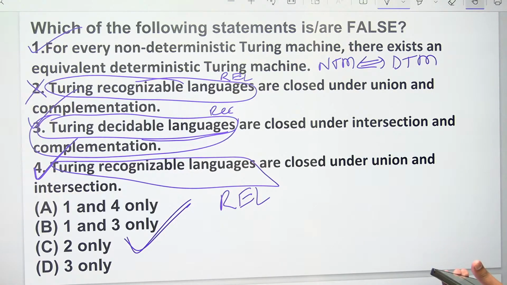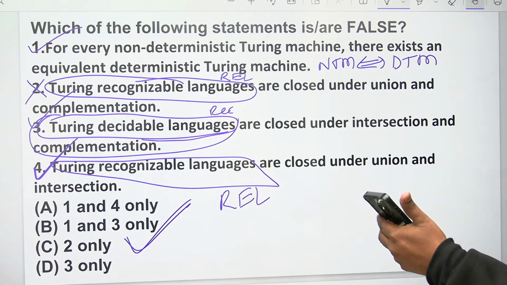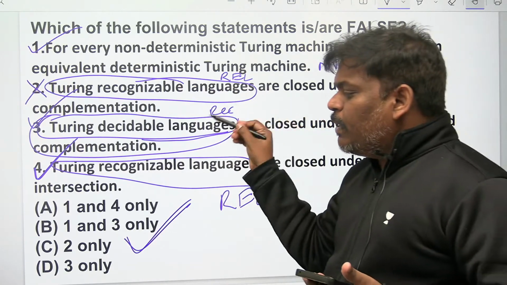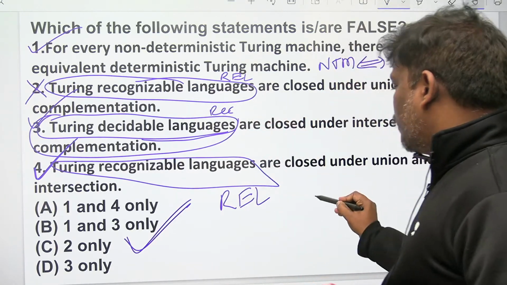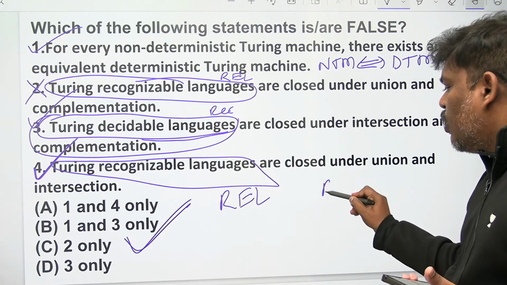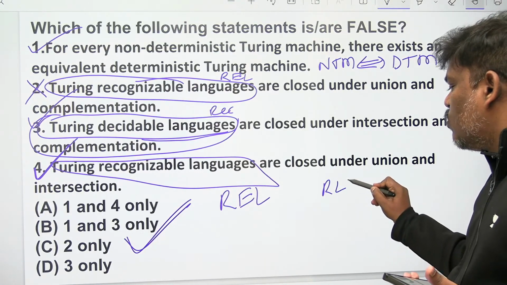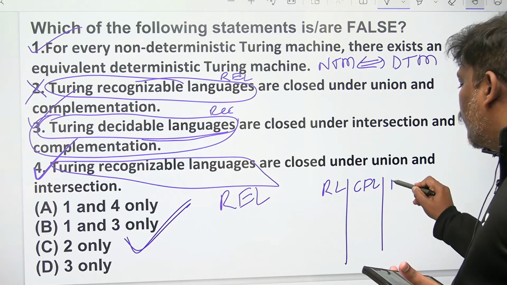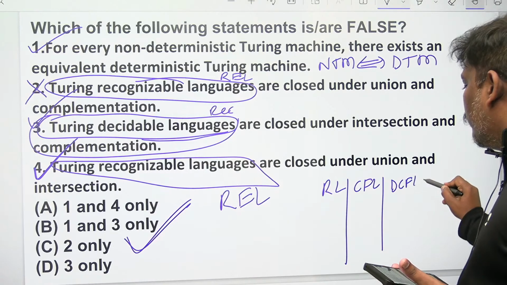If you are comfortable with this, anyone having doubt, even a small doubt, let me know. From this, please remember closure properties: regular languages, CFL, DCFL closure properties.